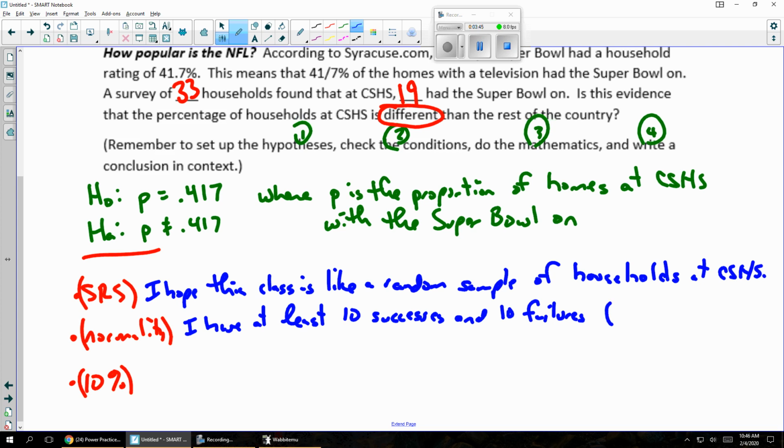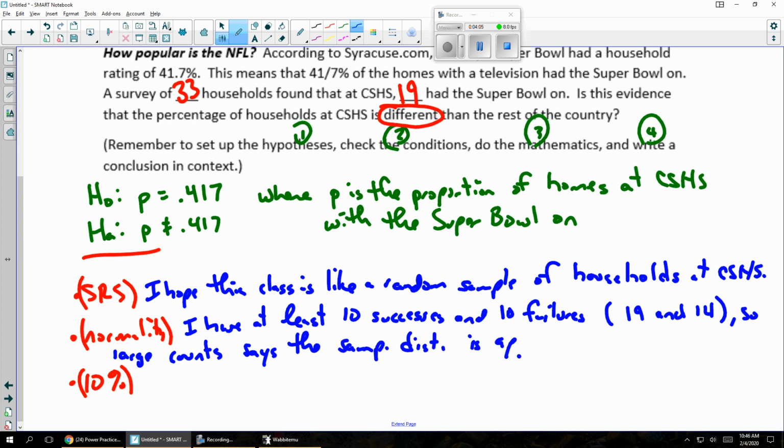And that was 19 successes and 14 failures. So large counts says the sampling distribution is approximately normal.